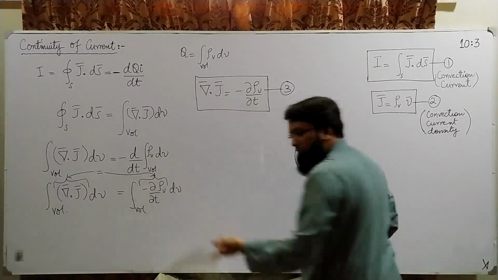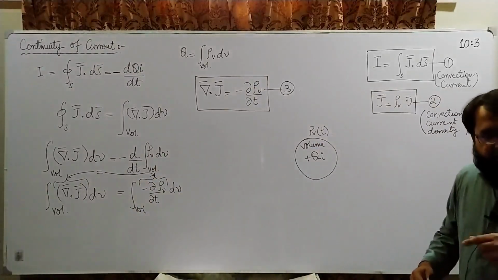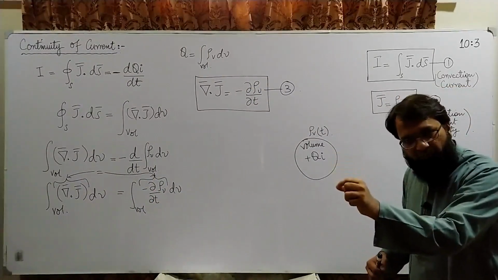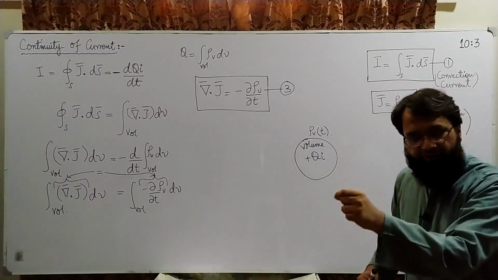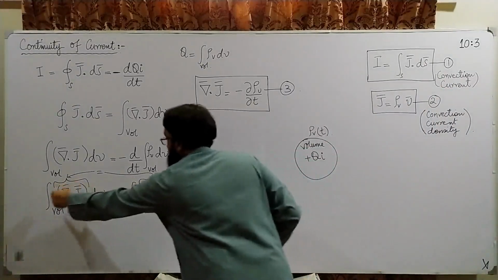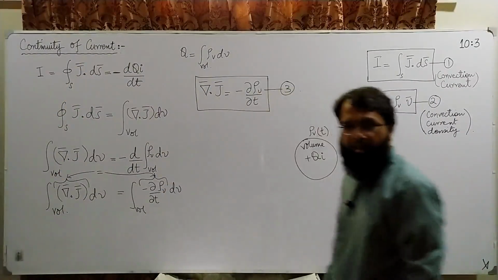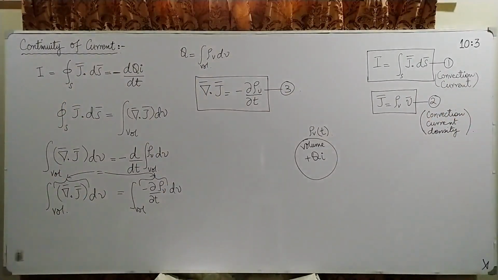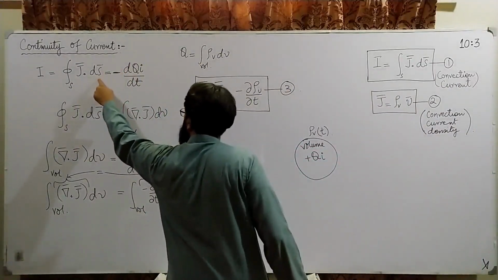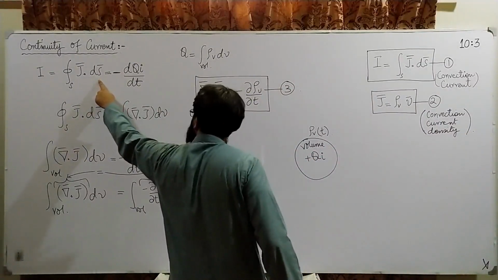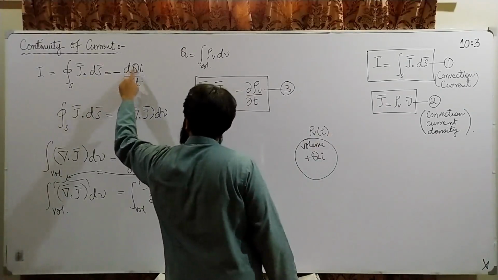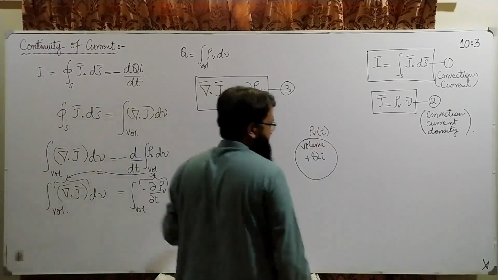The integrand is defined over a very small entity or a point, which after integration gives us the macroscopic entity. So equation number 3 is nothing but the point version of this commonsensical thing, that the current coming out of the surface is equal to the rate with which the charge is decreasing within the surface.